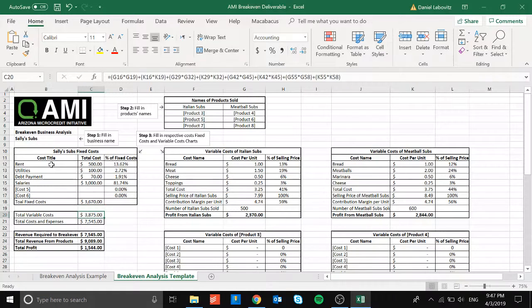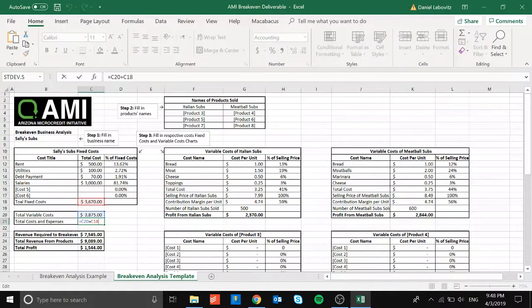Next, we're also seeing our total variable costs below that. Total variable costs are taking the total cost per product and multiplying that number by the amount of products that they're selling and adding all of that together. So now we see it flowing down into our total costs and expenses, which is going to be our total variable costs and total fixed costs together.